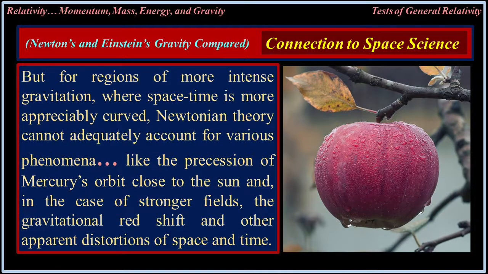But for regions of more intense gravitation, where space-time is more appreciably curved, Newtonian theory cannot adequately account for various phenomena, like the precession of Mercury's orbit close to the Sun, and, in the case of stronger fields, the gravitational redshift and other apparent distortions of space and time.